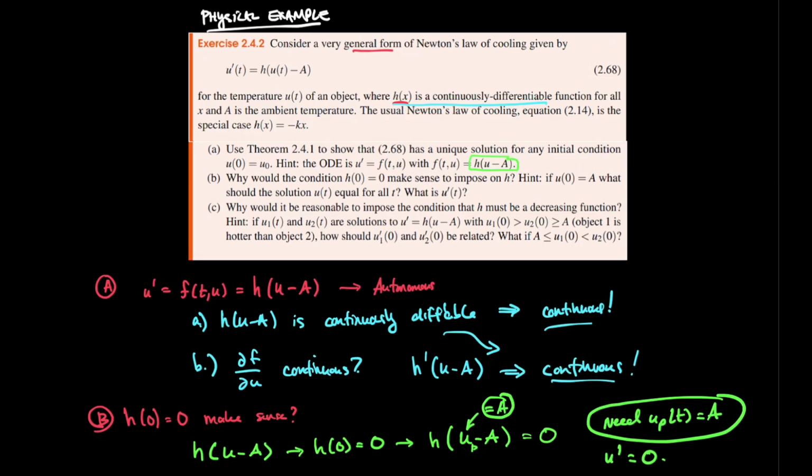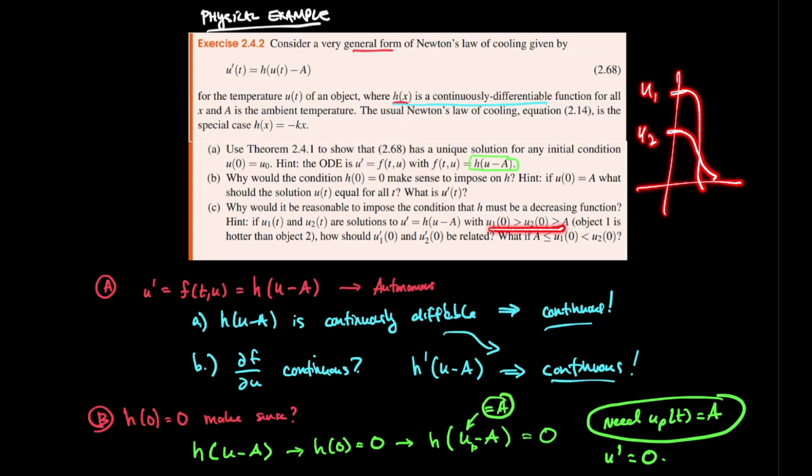And so then the derivatives are going to be related in that way where, if this is the case where u1 starts higher than u2, right? So it starts higher on the temperature scale up here. Here's u1, here's u2. This thing's going to drop faster to the ambient temperature than this thing will, right?